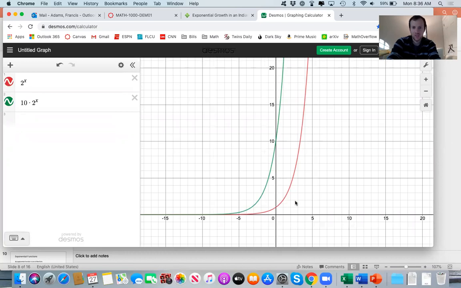What this number does is, originally at 0 we were at 1, but here we've multiplied by 10, so now our function is up at 10. But these are essentially parallel. It's growing at the same rate, just this one multiplied by 10 is starting higher. So this 10 here really only affects the initial value.